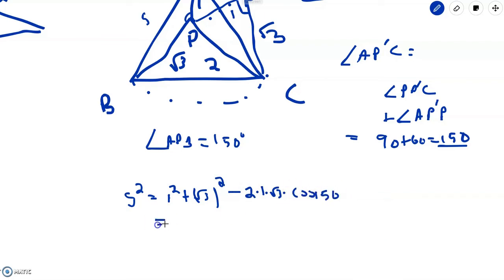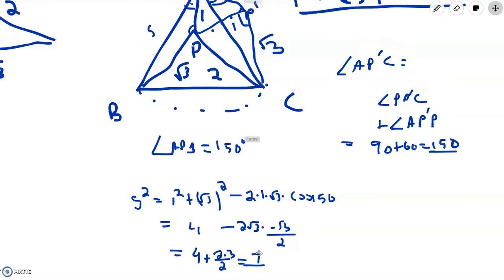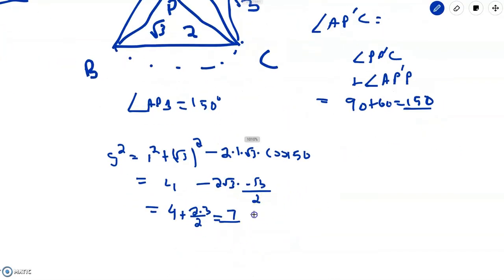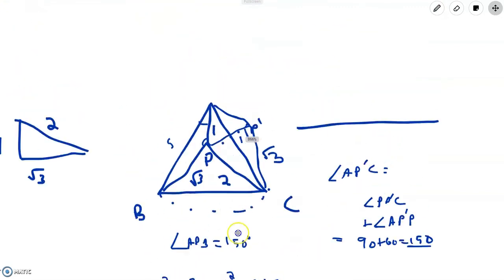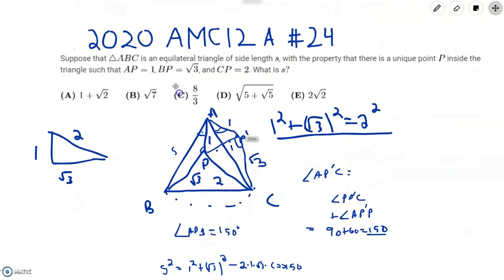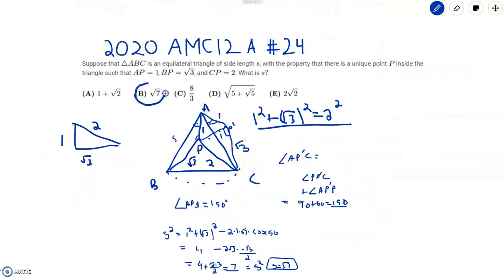Simplifying, this gives us 4 minus 2 root 3 times negative root 3 over 2, which is equal to 4 plus 2 times 3 over 2, which is equal to 7. So S squared is equal to 7, and S is equal to root 7. We go back to our answer choices, we see that it's answer choice B, and we're done.